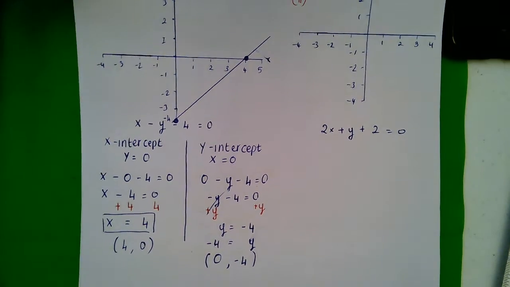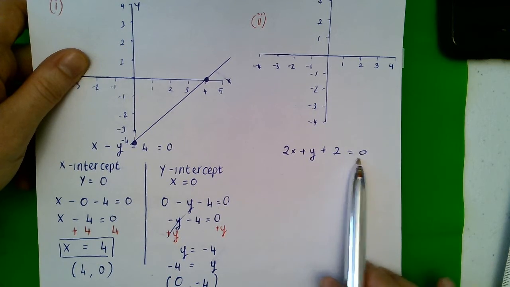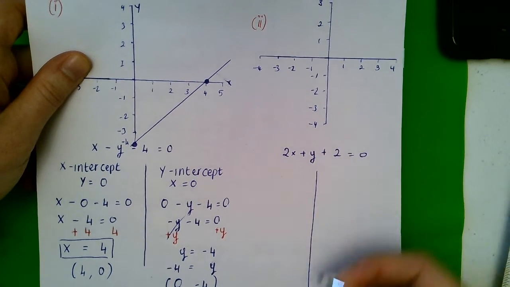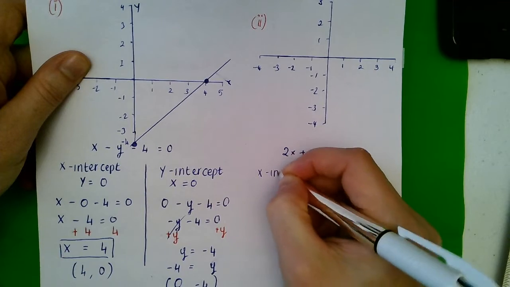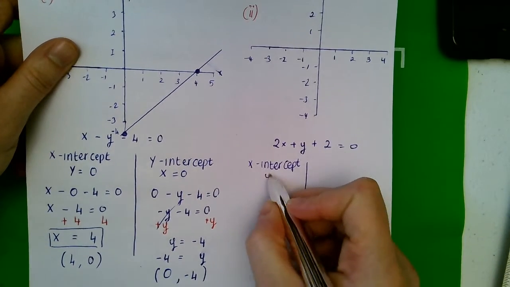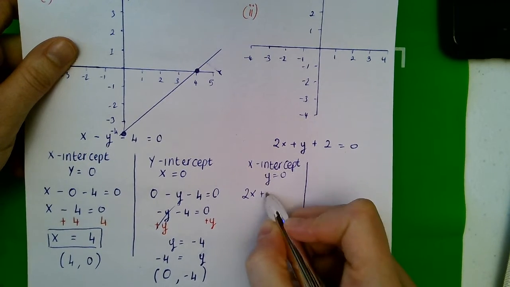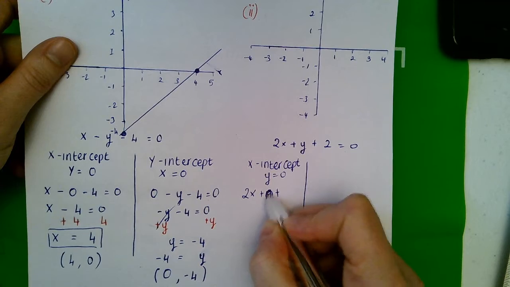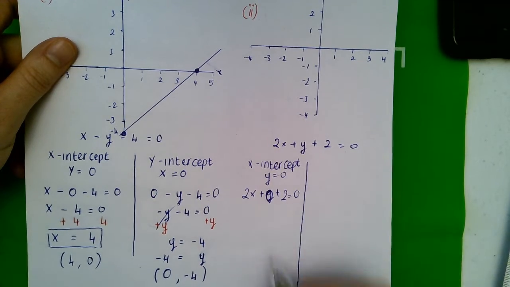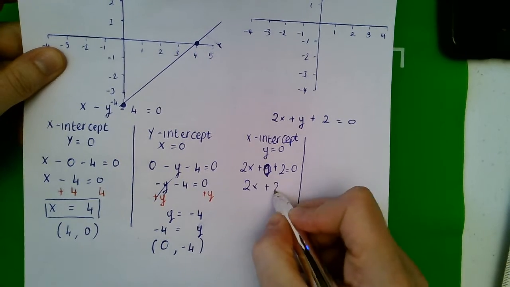The second example then is 2x plus y plus 2 equals 0. Again, we're going to split it up and find the x-intercept first. We do that by letting y equal 0. So wherever we have a y, we're going to let that equal 0. So 2x plus 0 plus 2 equals 0. Disregard the 0, so you get 2x plus 2 equals 0.